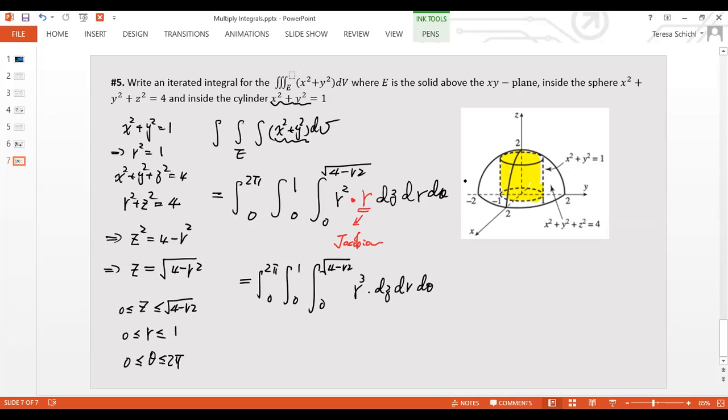In fact, this integration is pretty easy because when you have the z and the square root of 4 minus r squared, you might need to use integration by parts a couple of times to integrate it out. That's why I just want you to write it out, to see how we change from Cartesian coordinates for the integration to cylindrical, just like the polar, right?